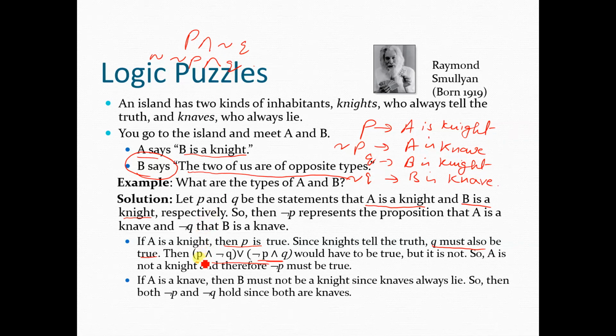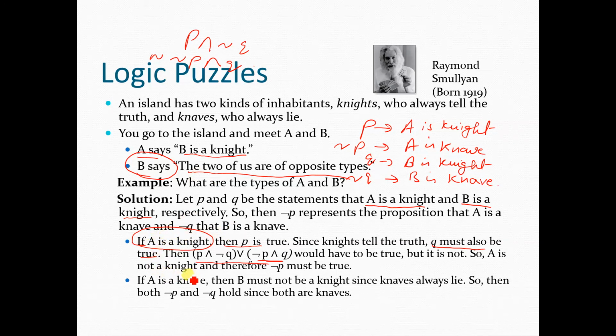But we can see that this is not true. I hope you got my point. So A is not a knight. So our assumption that A is a knight is wrong, because A is a knight leads us to a contradiction.